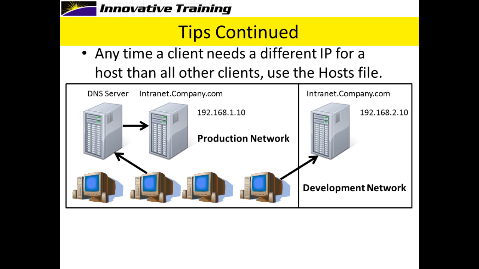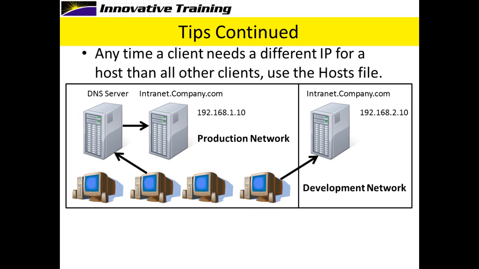Why would we need to do this? The only reason why we would use a host file is if the client needs a different IP address for a particular host than all other clients. Here's the only kind of example I could come up with. We have a website called intranet.company.com, and everybody in the company needs to resolve that to 192.168.1.10, which is the production server. But there's one client that belongs to the web developer who's in charge of changing and updating the site.